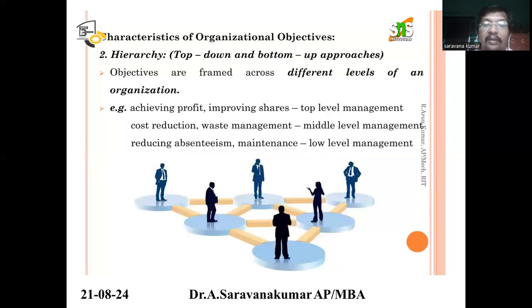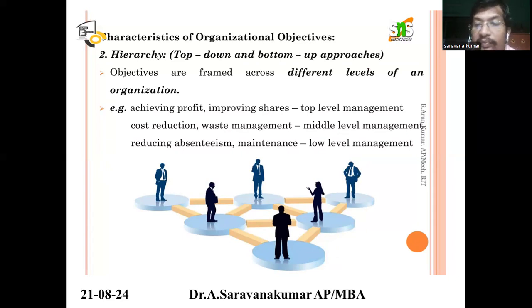Hierarchy, top-down and bottom-up approaches. Objectives are framed across different levels of an organization. That's what I said: top level, middle level, and low level. In that hierarchy, they have objectives like achieving profit and improving sales, these two for top level management.